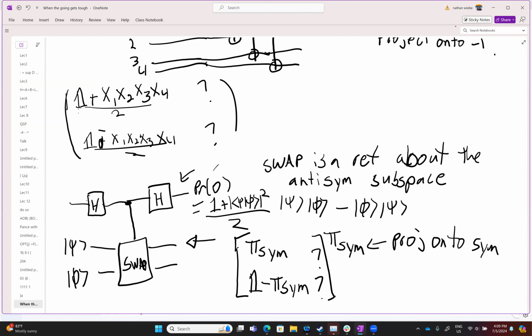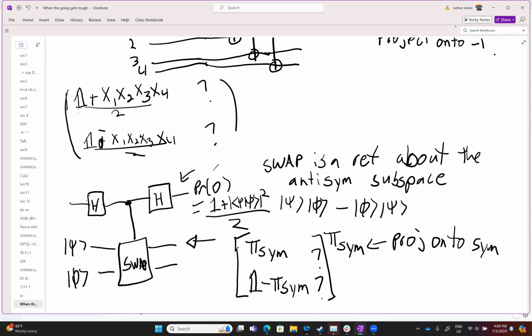However, using this approach, others at Google have invented a technique called virtual distillation that gives us a way of forming a projection onto the symmetric subspace, and in turn minimizing some types of errors that could otherwise be pernicious.